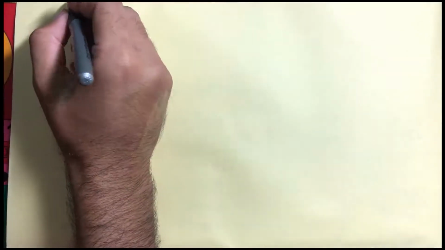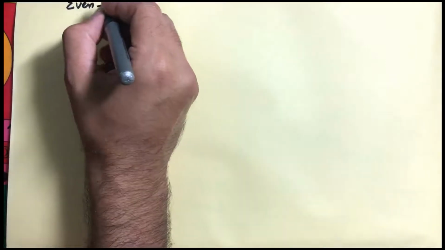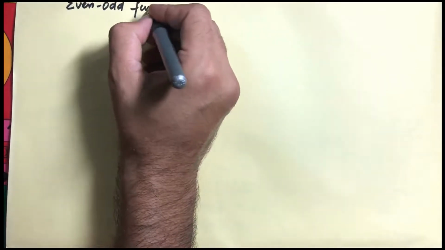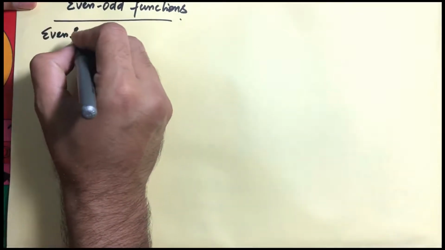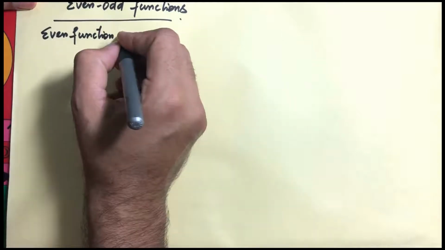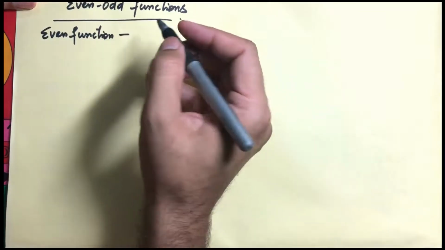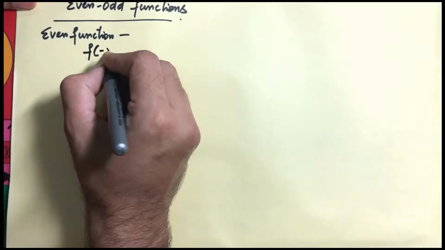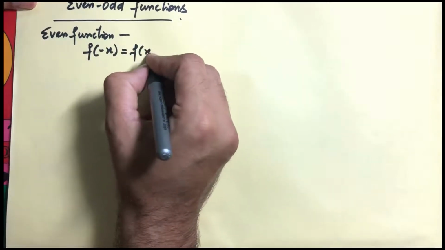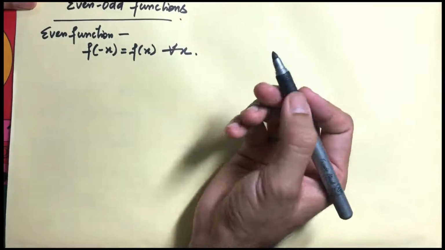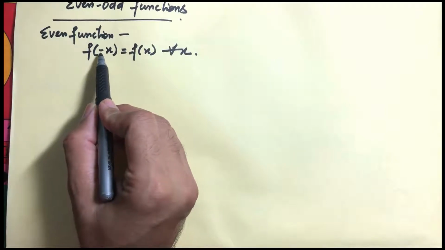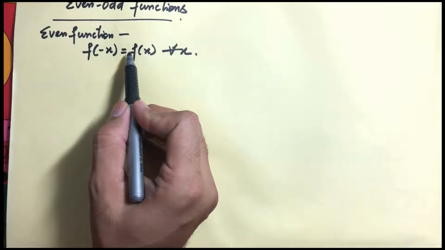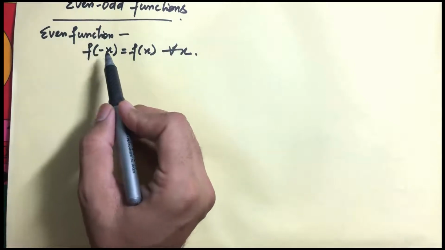Next definition, even and odd functions. A function is said to be even if f of minus x is f of x for all x. You can easily understand this: if we interchange x to minus x, the value remains unaltered, it remains the same, then it is called an even function.